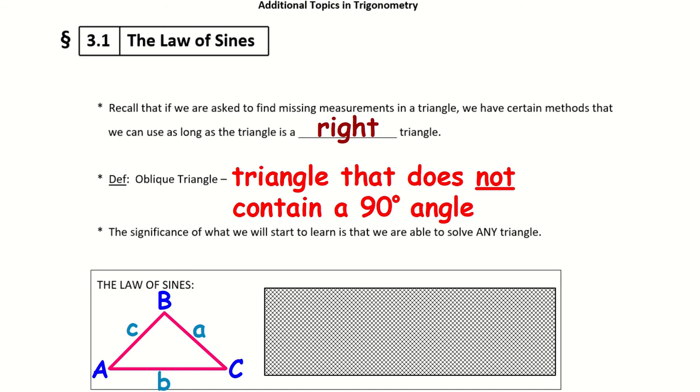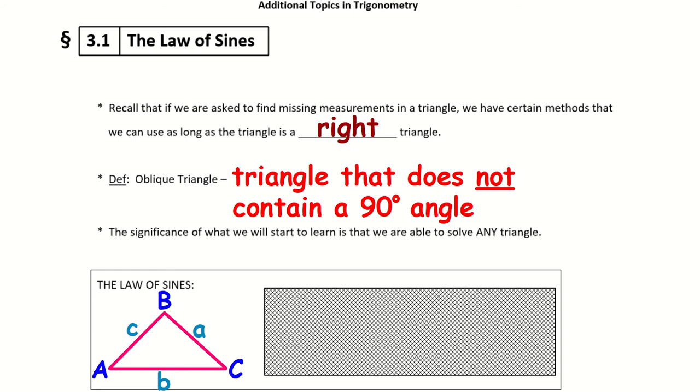Again, the biggest point on that is that that's what we're going to be doing in section 3.1, and then again in section 3.2, is solving all missing measurements of a triangle that does not happen to be a right triangle.